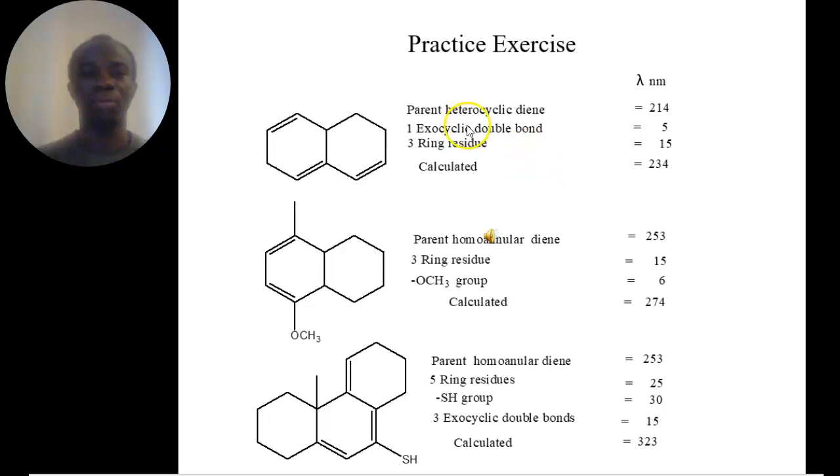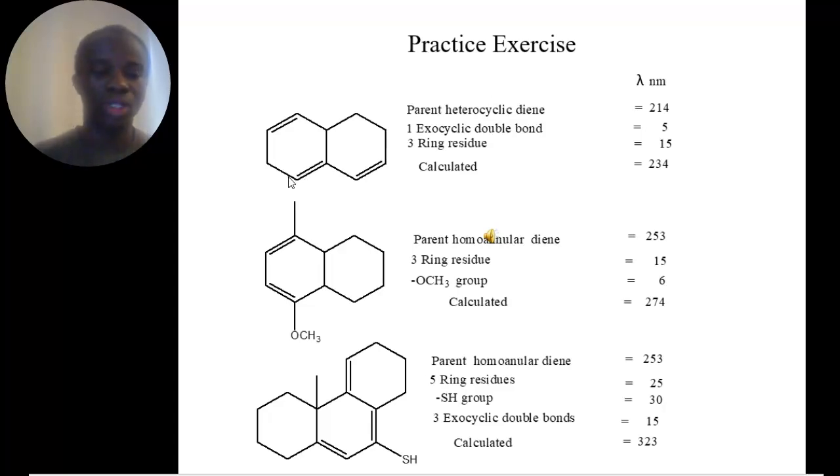This is the first example that we are going to look at. So we have this ring, this structure was given to us, and we want to determine the lambda max. So if you look at this now, the first thing to consider is to identify the basic conjugated system that you have here.